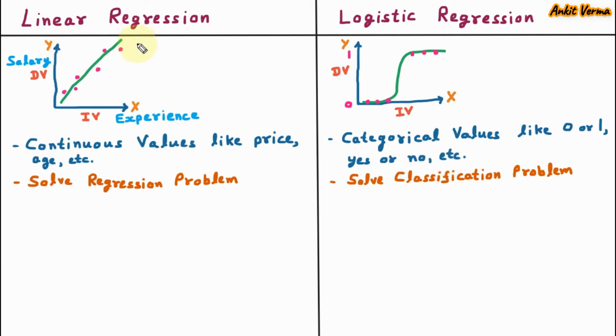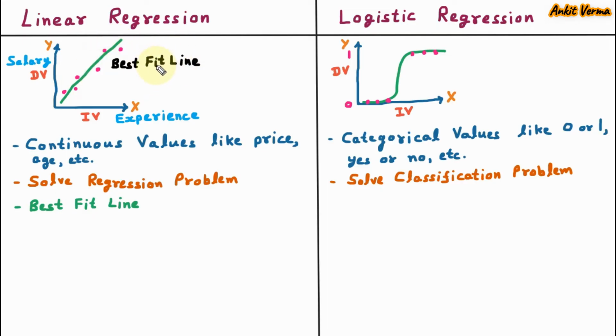In linear regression, we have a best fit line. Here we can see that in the linear regression diagram there are data points and there is a line going through. This line does not go exactly through all the data points, but some of the data points may be on it and some are nearby. So this is a straight line, also called the best fit line.